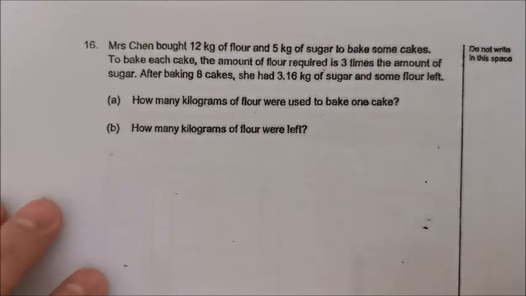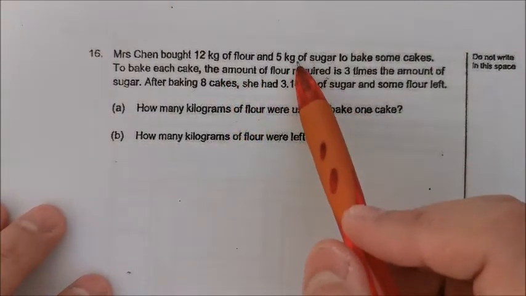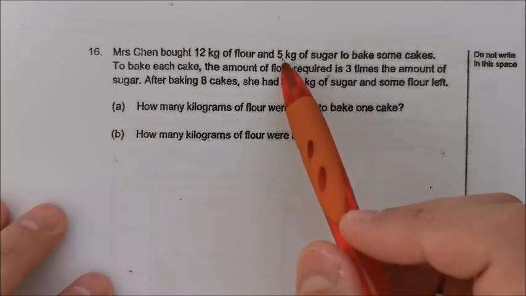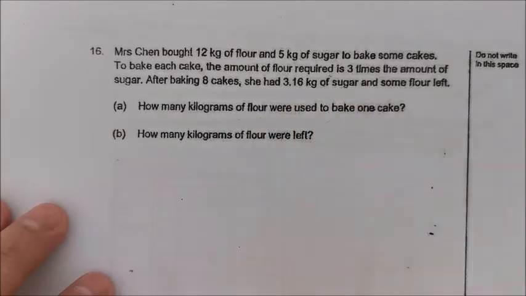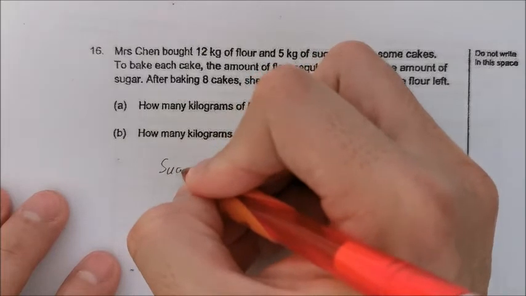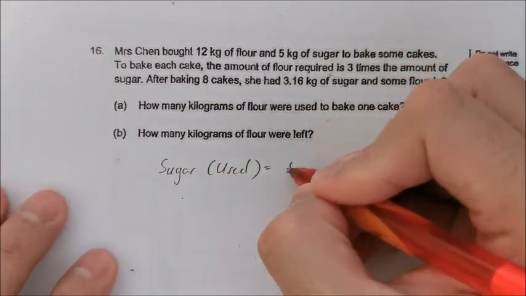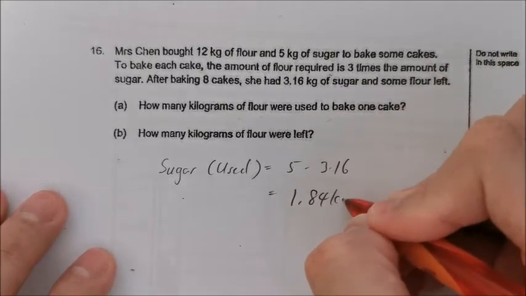Guys, what we can say here is that she has 5 kg of sugar, and at the end she had 3.16 kg of sugar left. So we can find out how much sugar she used, right? Sugar used equals 5 minus 3.16. You have 1.84 kg.